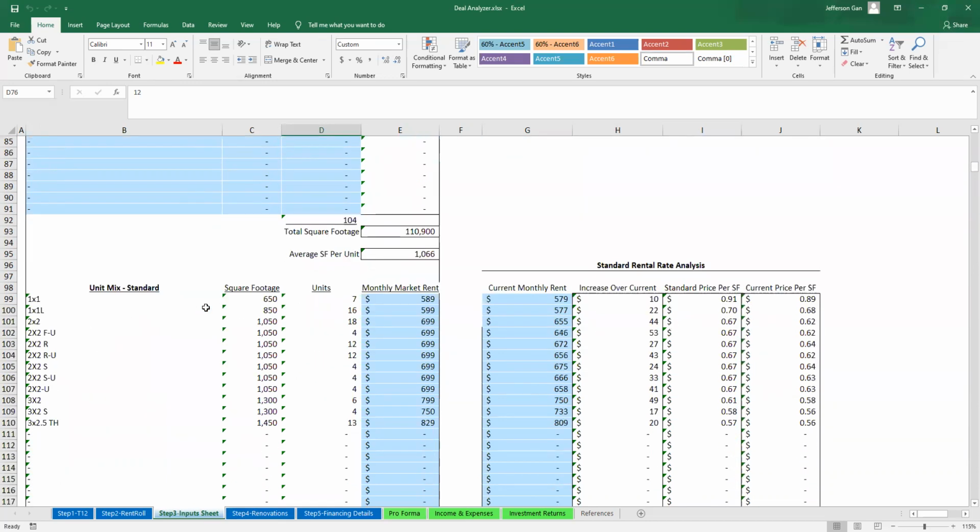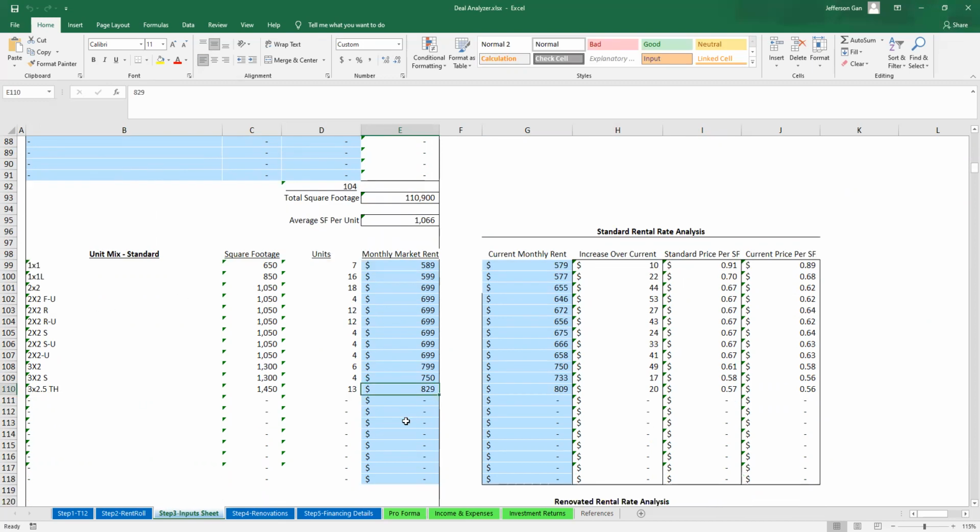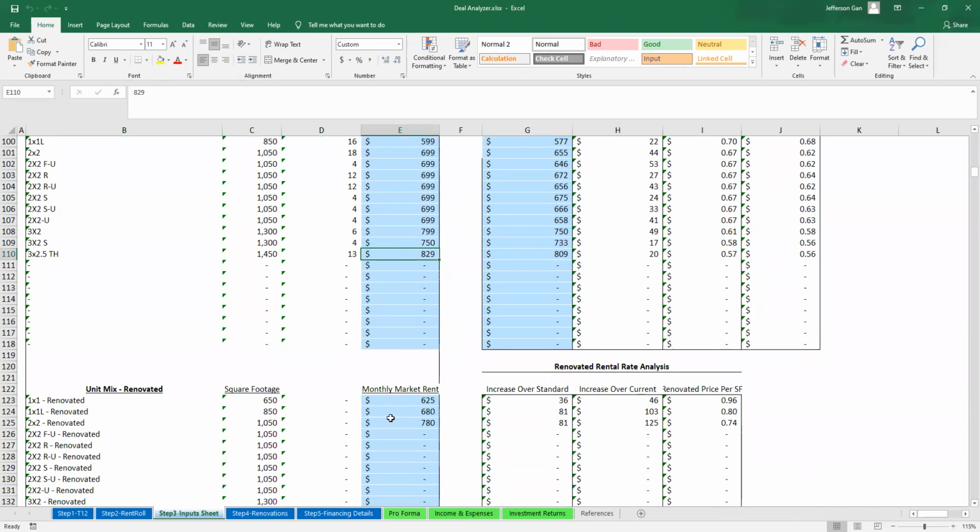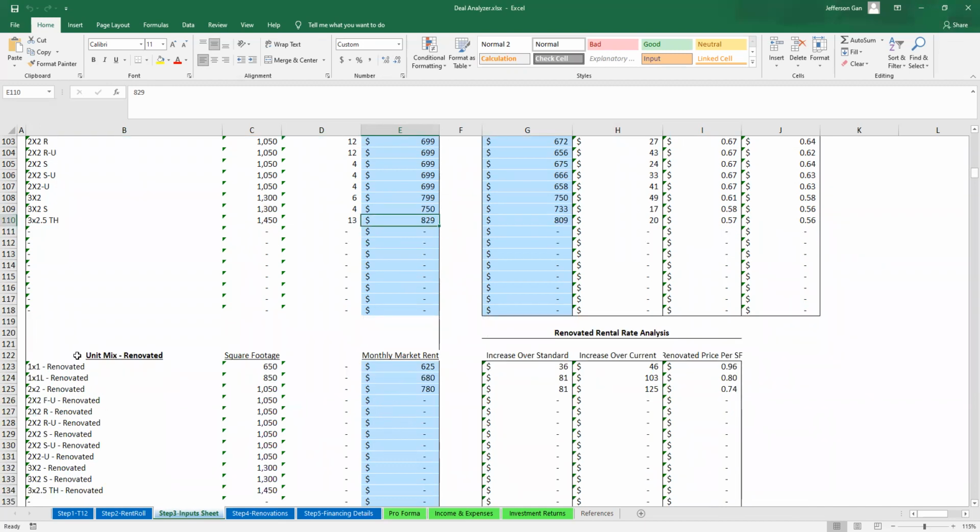Then what I added here is I put the average rent right now in the base from the existing rent roll. I put it here based on, let's say, this unit type. So that's how I underwrite stuff. Then the renovated one, so what will be the value of the units once renovated?